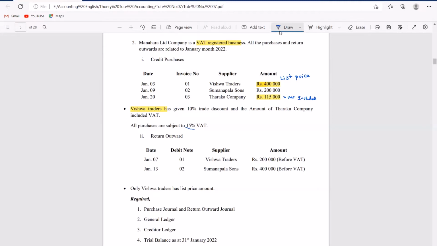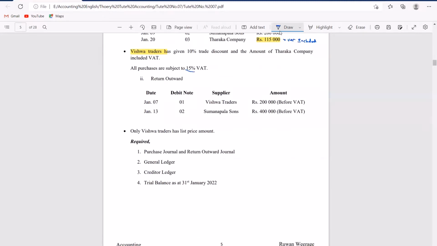Then return outwards, again Vishwa and Sumanapala, are before VAT. These are not VAT included amounts. But look here, Vishwa Traders has a list price amount of 200. That means this is list price, right?